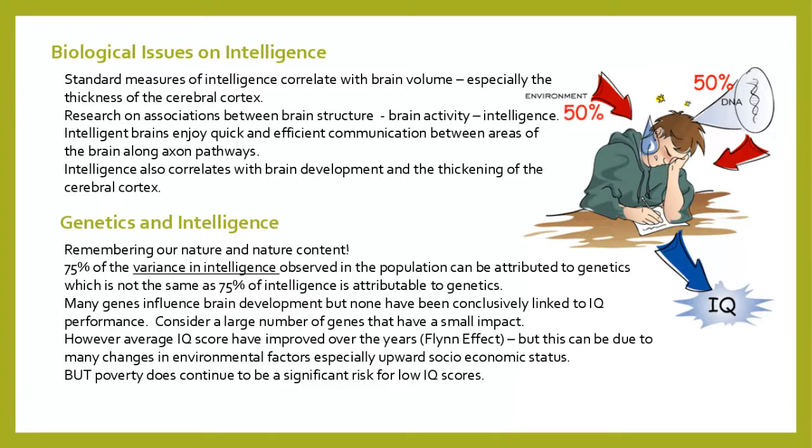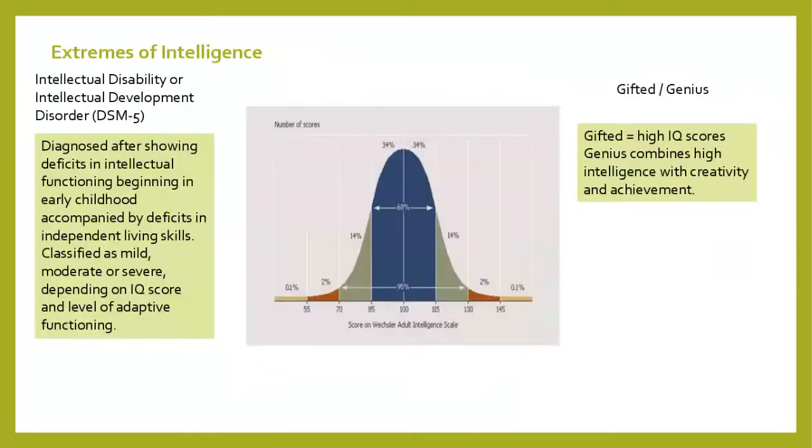And again, as we've grown as a population, environmental factors have changed, socioeconomic statuses have changed, so generally our IQ scores have improved, but there are still significant factors within our communities that do put people at risk for low IQ scores, and poverty is one of those. So within a nurture context, those environmental issues do have a role on intelligence.